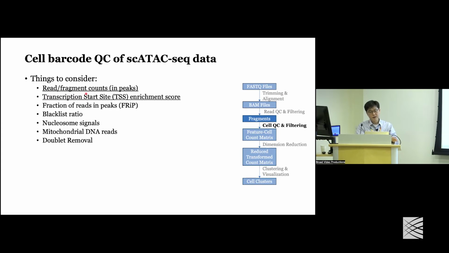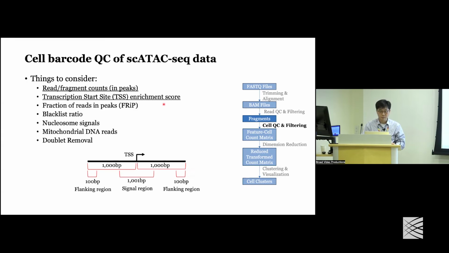First is the number of fragments in a cell, and second is the proportion of the reads that are mapped to known regulatory elements. There are several different ways of measuring this, but the transcription start site enrichment score is one of the most widely used metrics to evaluate the quality of the cell.